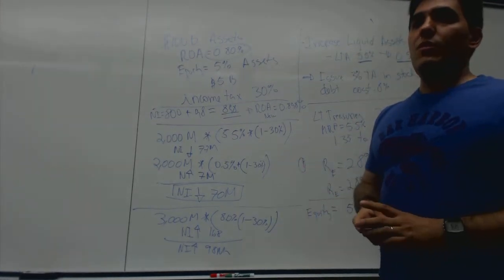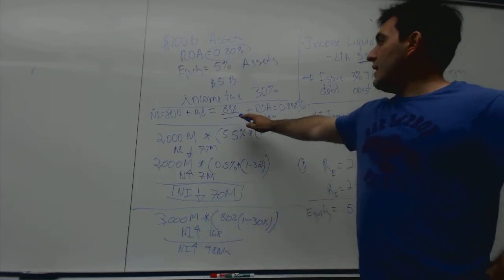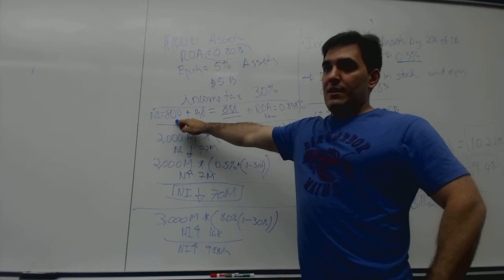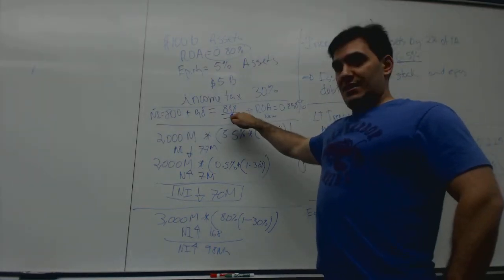Okay? My initial net income was 800 million. After the regulatory changes, it's 898.